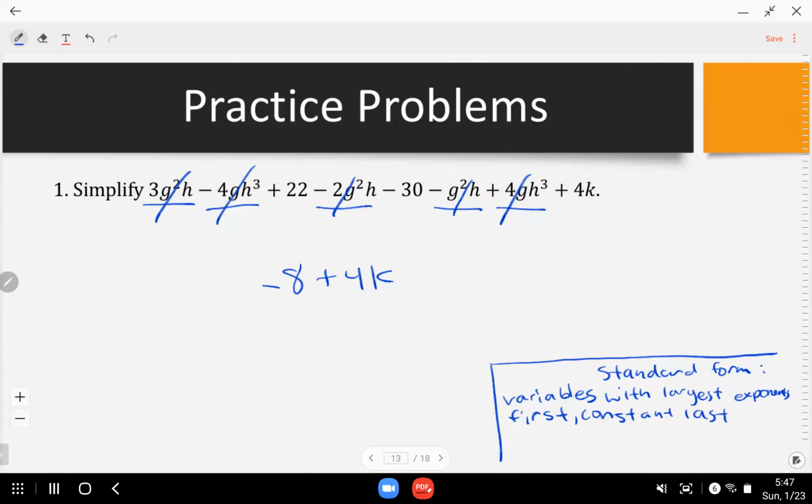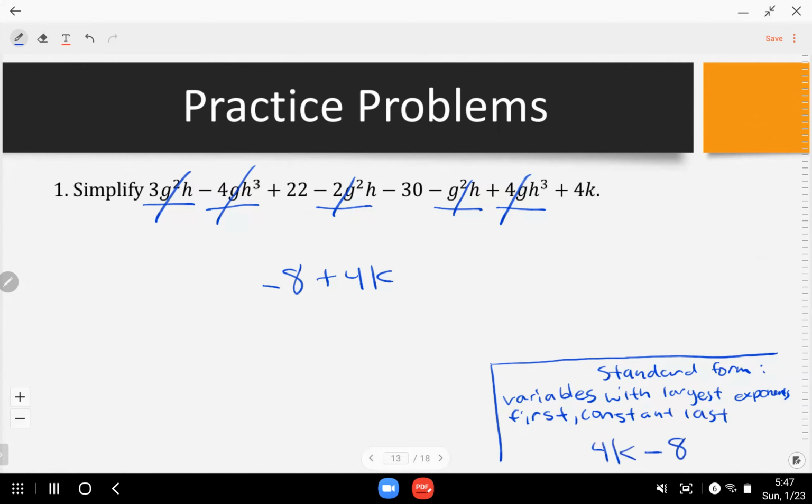Basically, this is standard form, right? So we actually put our variables first, all right, with the largest exponents in case you have more than one variable. And then the constant is going to be put last. So negative 8 is going to be put last. So it's going to be 4k minus 8 here.